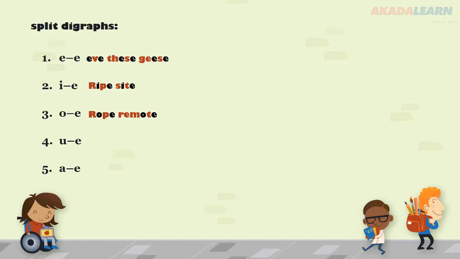R-E-M-O-T-E, remote. Have you noticed that all the split digraphs end with the letter E? And also the letter E is usually silent when it is a split digraph, especially when it's at the end of the word, the last letter of the word.